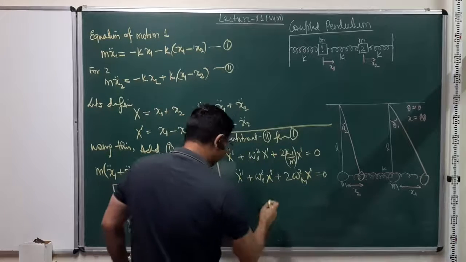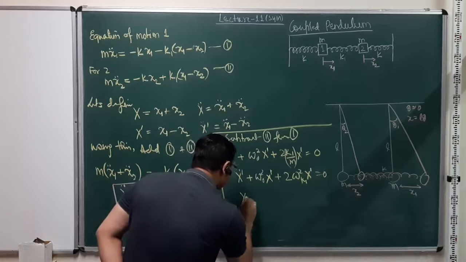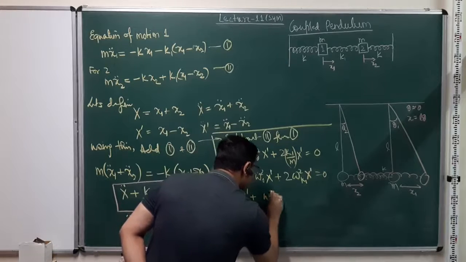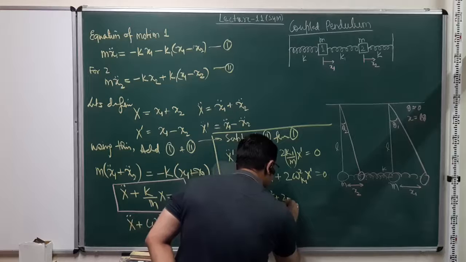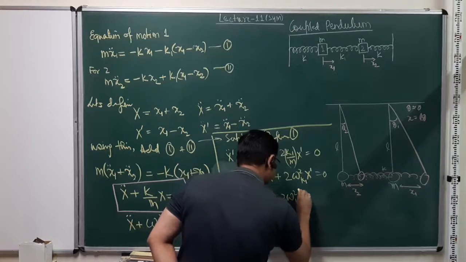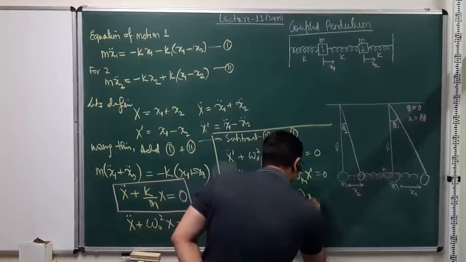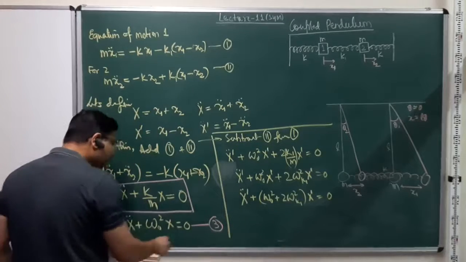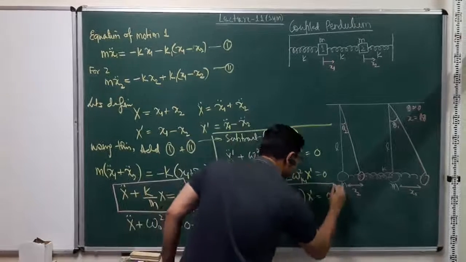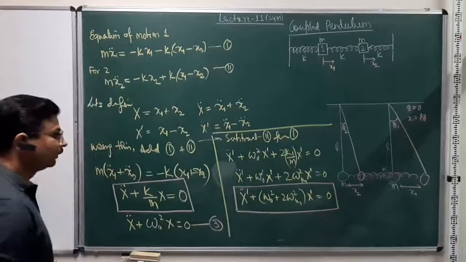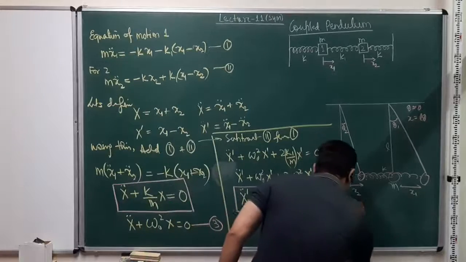And since it's again only a single variable, I can write it down as omega 0 square plus 2 omega k1 square x prime equal to 0. And this is also a homogeneous second order differential equation whose solution can be formed.